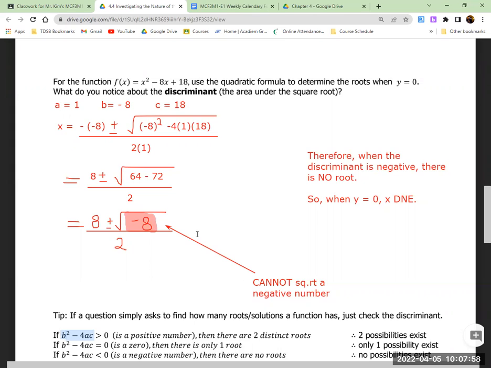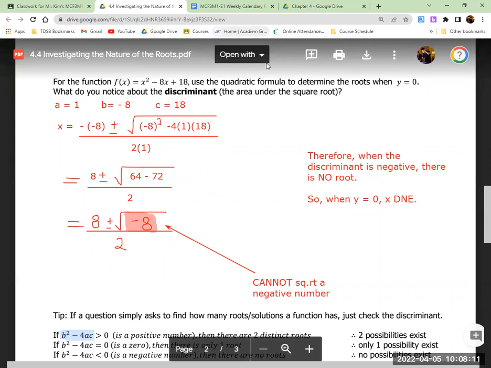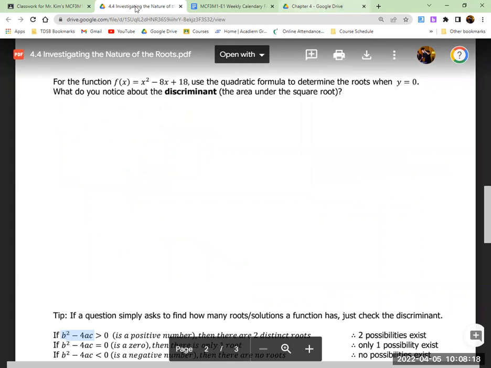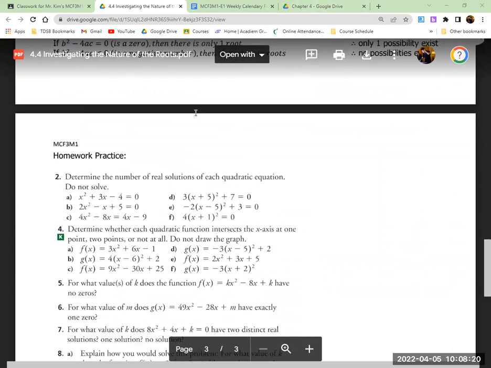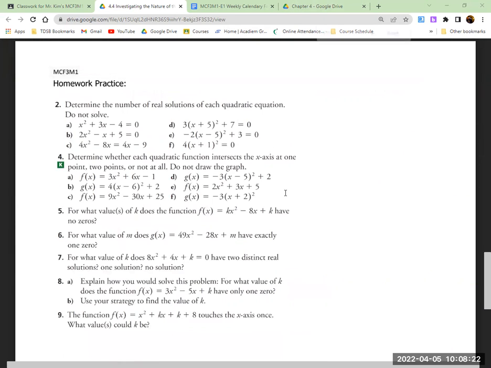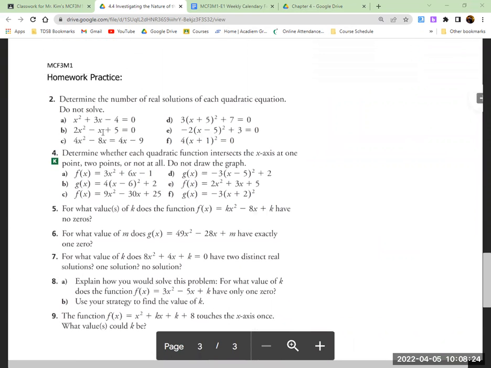Let's see if there's a way to test whether I have to go on or not. I do have a couple of questions for you for your homework. Let's do one together, okay? I'm going to clear this. Let's do one for me to show you exactly what I mean by save yourself trouble by doing the discriminant first.